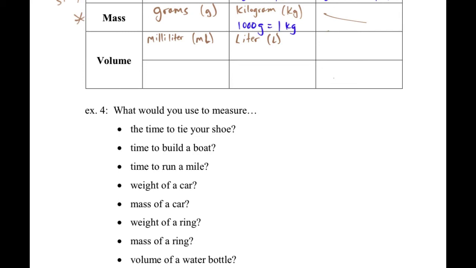And going from milliliters to liters, it would be same as millimeters to meters, which would be 1,000. So 1,000 mL equals 1 L. And we will leave off the other as well.